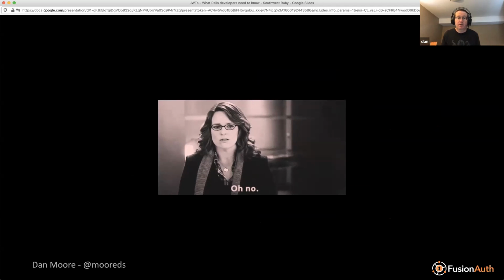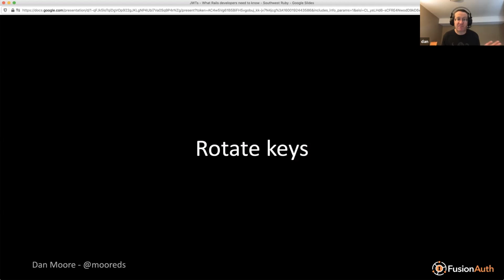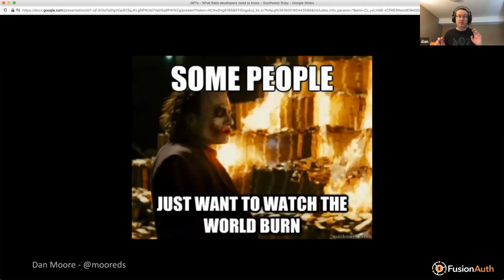So the first thing you can do is rotate your keys. If you have an HMAC key or a public-private key, you just basically invalidate the key. And that means things are going to go bad for your system, right? Or let me rephrase that: everybody is logged out.